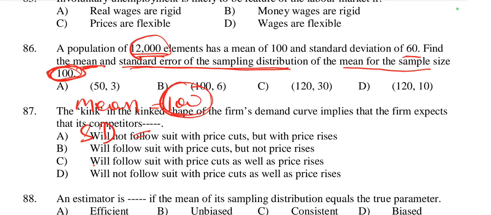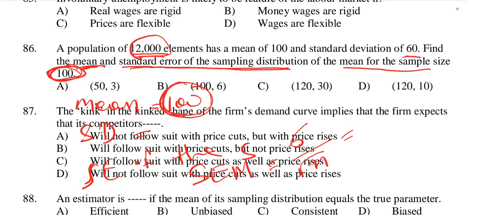So the standard error of the sampling distribution, or we can say standard error of the mean, is equal to sigma by root n. Sigma means standard deviation.